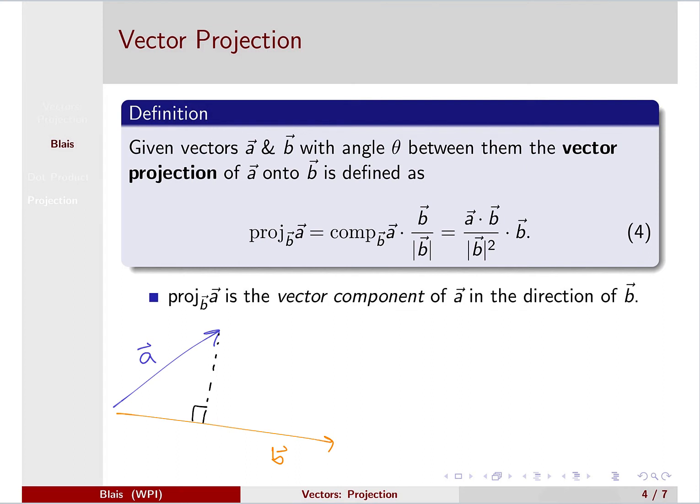And so now our vector projection is this vector projection of A onto B. And we can plug in our formula for the scalar projection and get this formula here, A dot B over the magnitude of B squared times the vector B. So we can think of this as the vector component of A in the direction of B. You often see this, people who have physics background will have seen this sort of thing before.